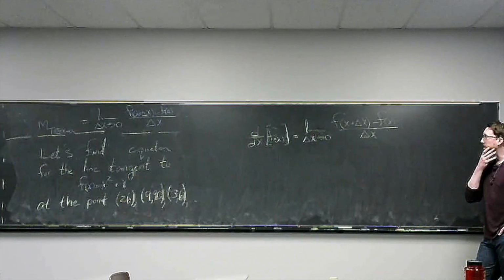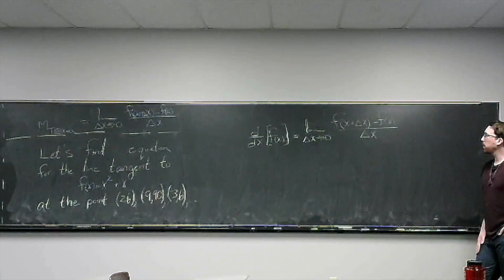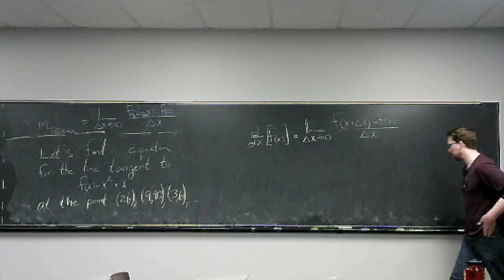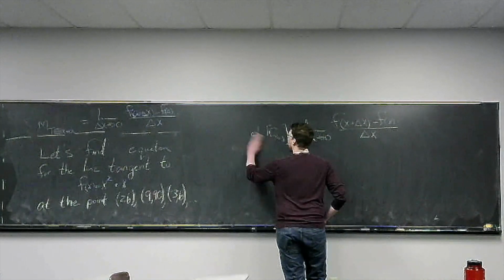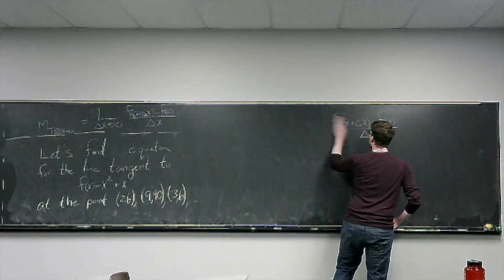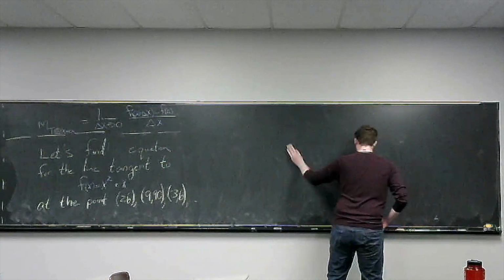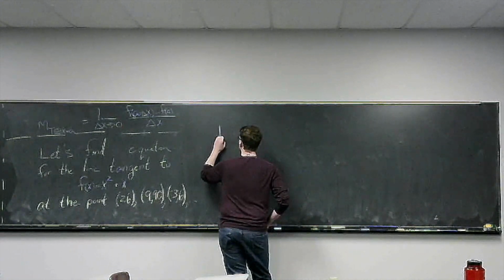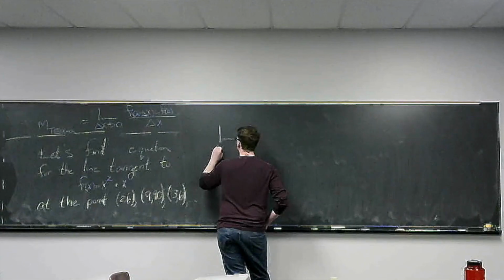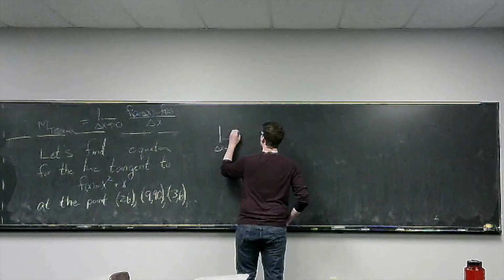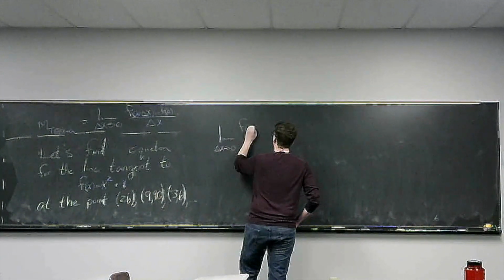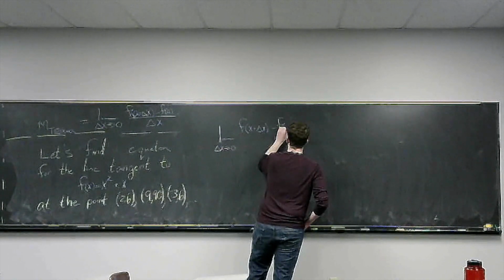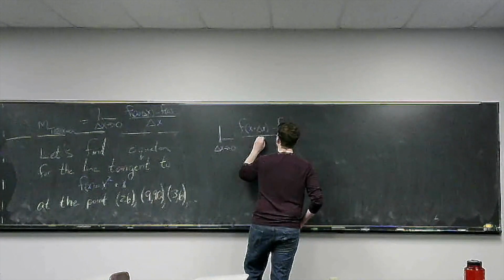And now, just to see how this is going to work, let's plug in our x squared plus x and see what happens here. So replacing all of this, what we've got is the limit as delta x goes to 0 of f of x plus delta x minus f of x all divided by delta x.